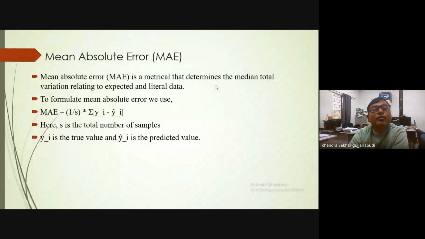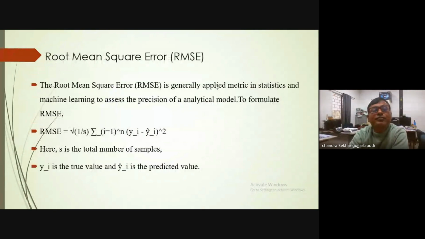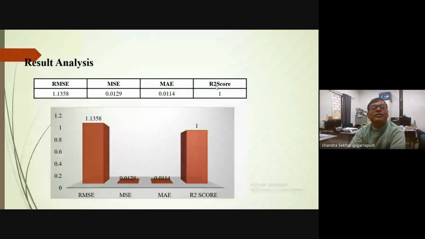Similarly, we get the mean absolute error. After the analysis, for this particular model we found RMSE is 1.138, MSE is 0.129, MAE is 0.114, and R2 square is 1. So this is about the metrics of the model.